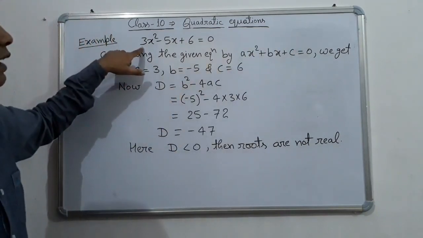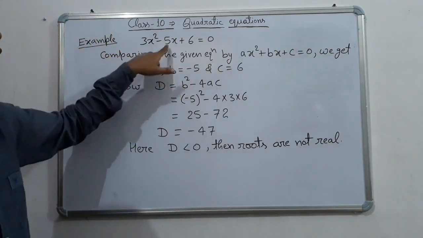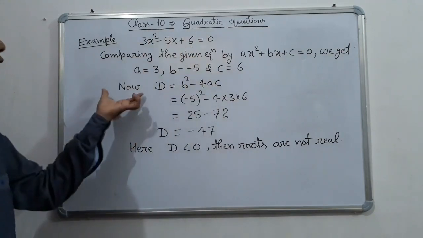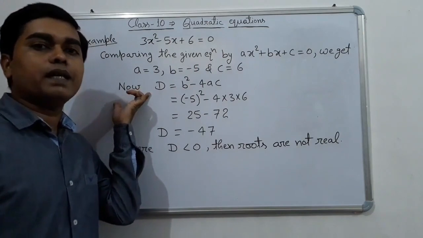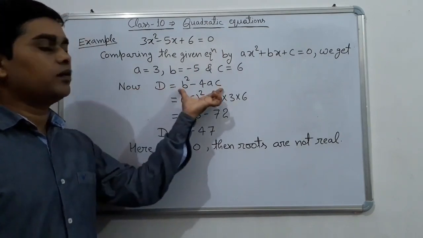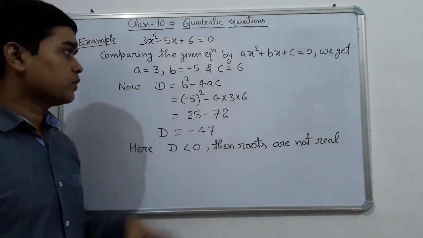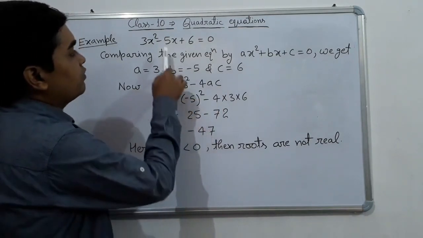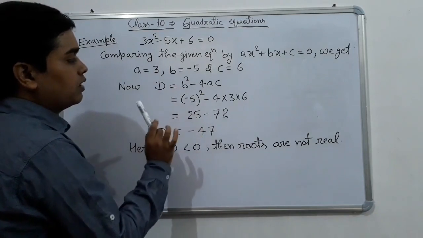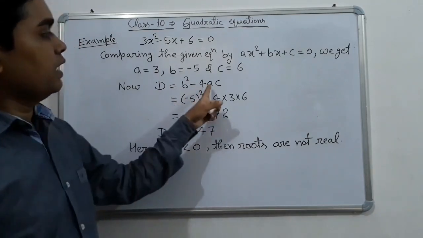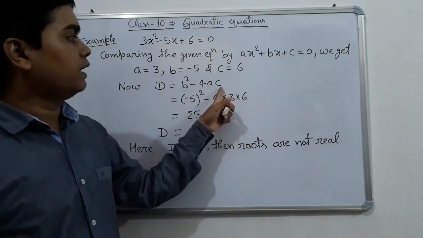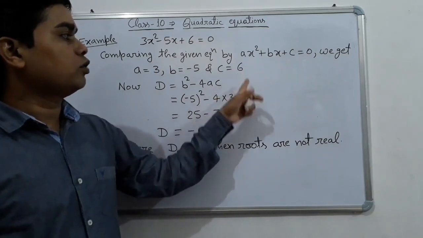Then we will get a is equal to 3, b is equal to minus 5 and c is equal to 6. Now we will find the value of discriminant. Okay, D is b square minus 4ac. So put the value of a, b and c in this equation.